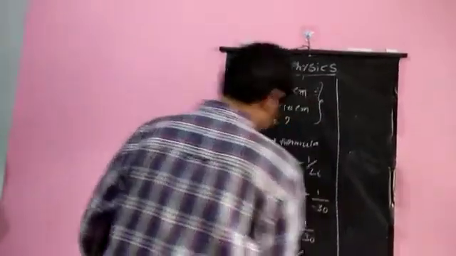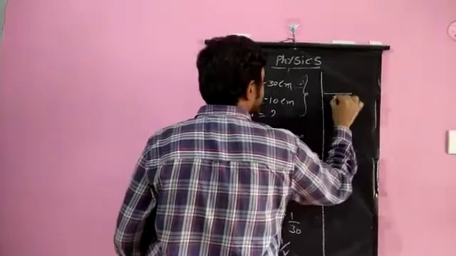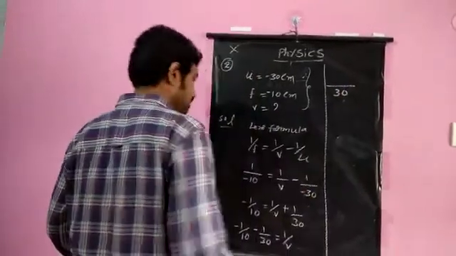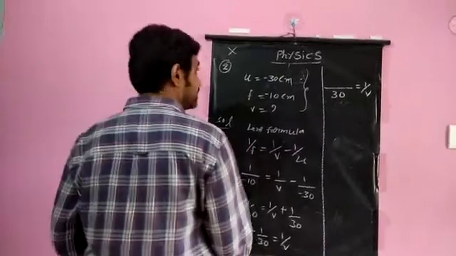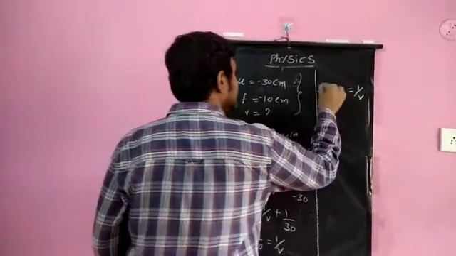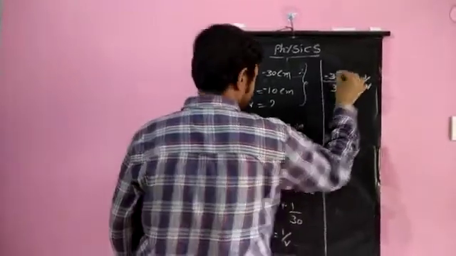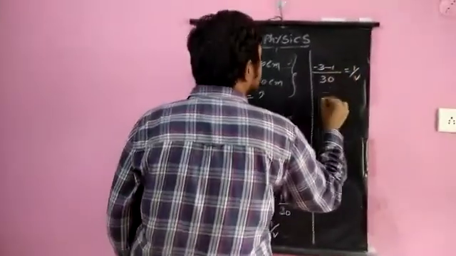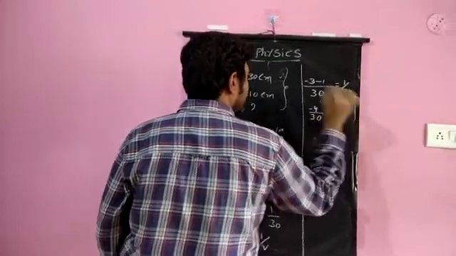So 10 goes 3 times, so minus 3, and again minus 1 over 30. It will become minus 4 by 30 equals 1 by v.